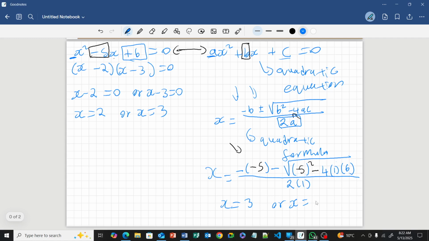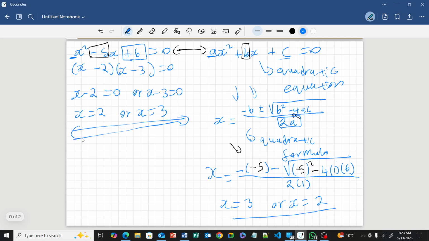Then I get the value of 2. So can you see that this answer is similar to the answers that we got using the traditional way of factorizing?